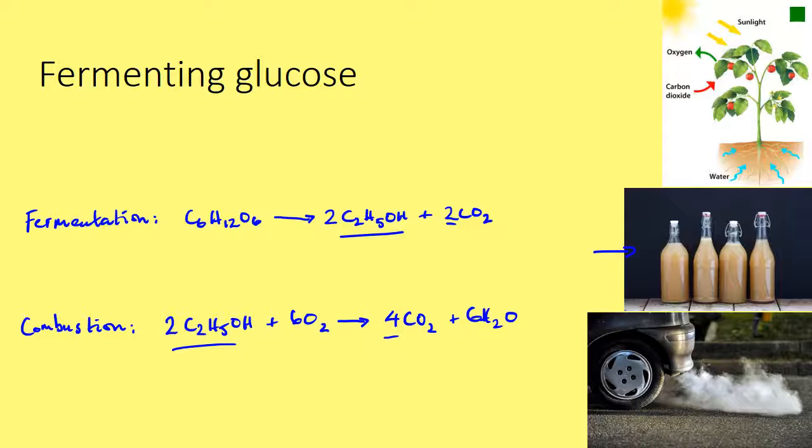Now, when we were growing our sugars, we used photosynthesis, or at least the plants used photosynthesis. So let's write that reaction down. So the photosynthesis reaction very usefully starts off with carbon dioxide and water, and makes our sugars.